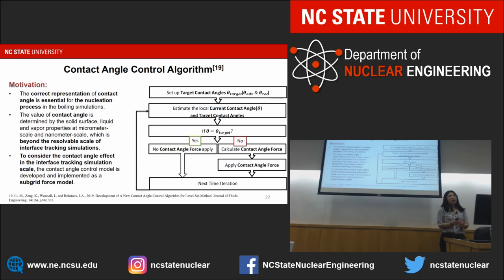And if the difference is large, we will calculate a contact angle force according to this algorithm, and then apply this contact angle force locally around the bubble. And then this algorithm will check the contact angle at each iteration to make sure the contact angle is correct while the bubble is sitting on the wall.